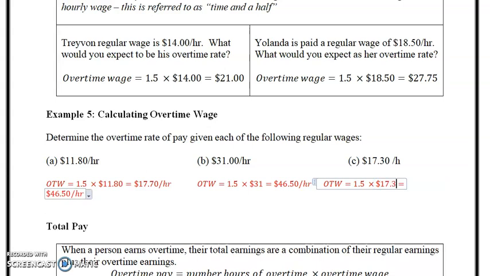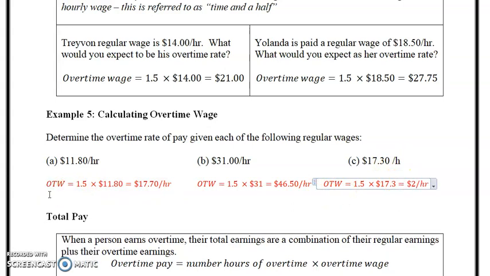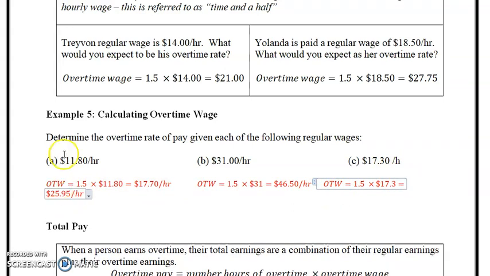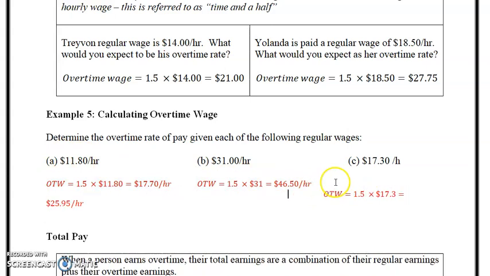So we get 1.5 multiplied by 17.3, and we get $25.95 per hour. Okay, take that one down just because I ran out of room.